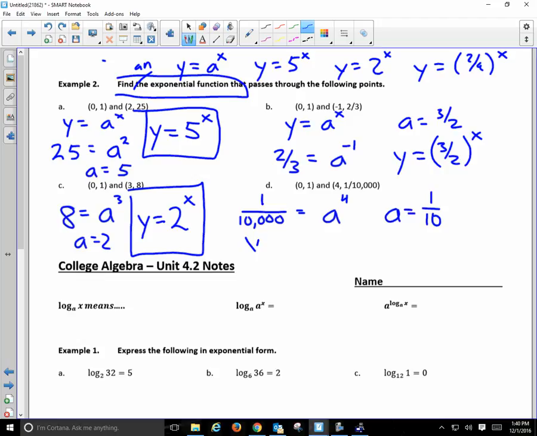So therefore, you have y is equal to 1 over 10 to the x power. Some people will choose to write it differently. Either one is acceptable.